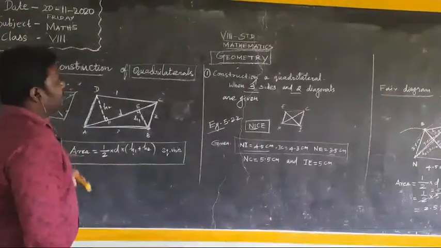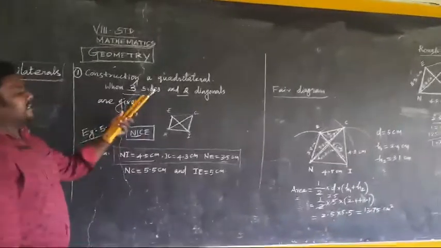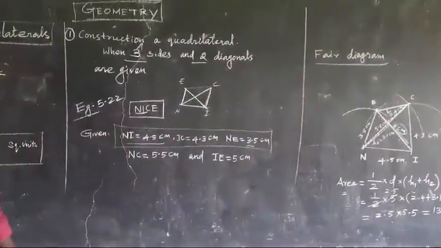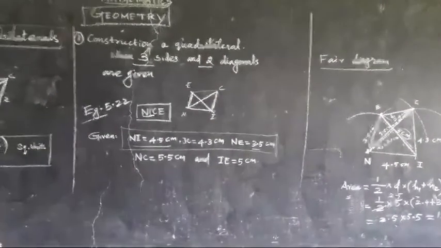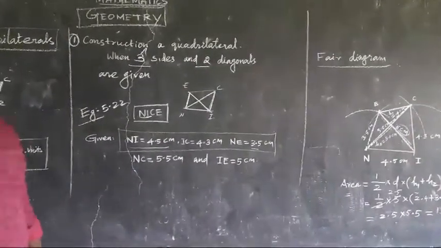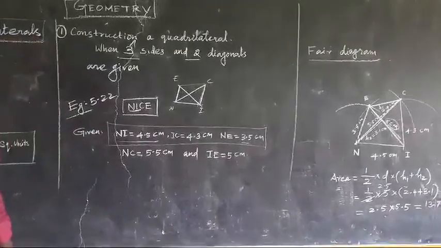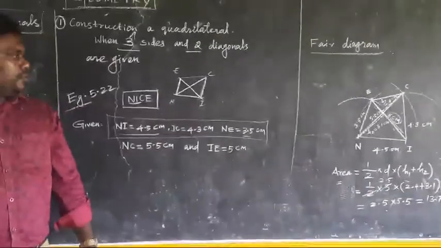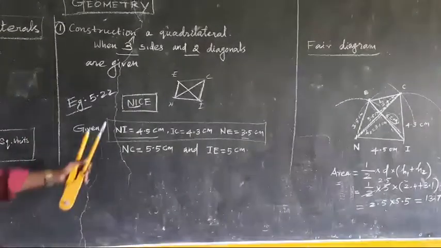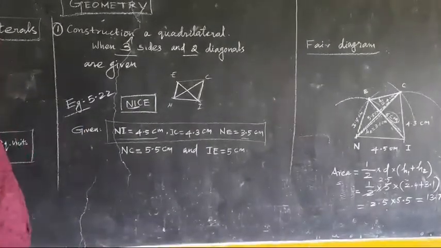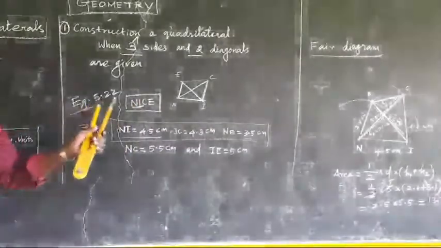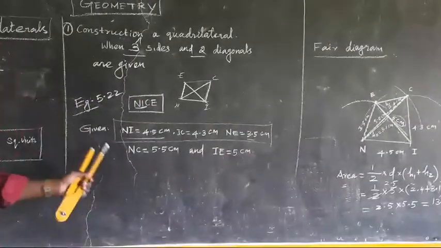Next we are going to construct the quadrilateral when 3 sides and 2 diagonals are given. This is the first model, construction of a quadrilateral when 3 sides and 2 diagonals are given. So let's see, this is example 5.22. You should write the question before writing the answer.